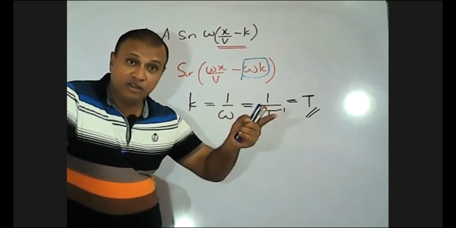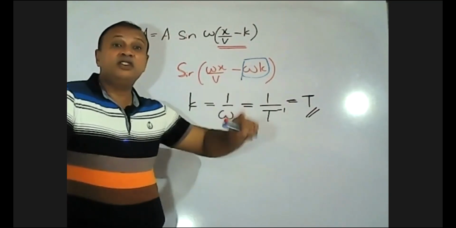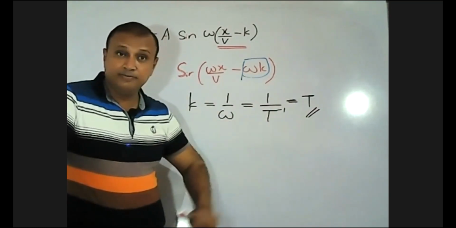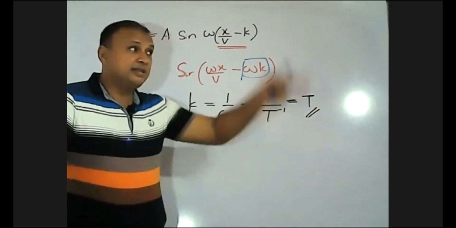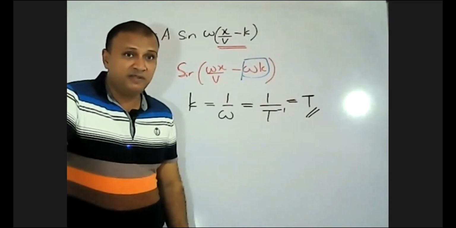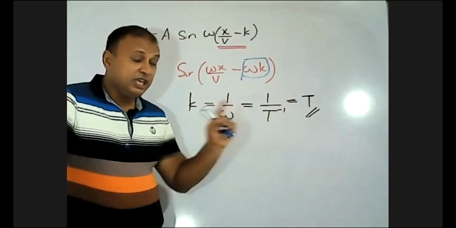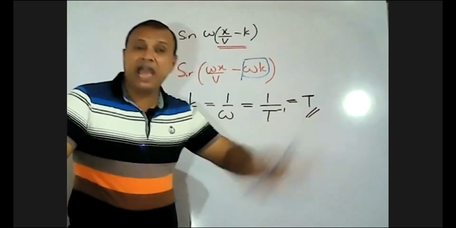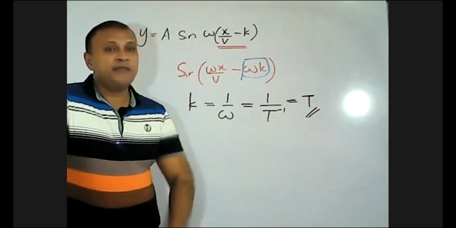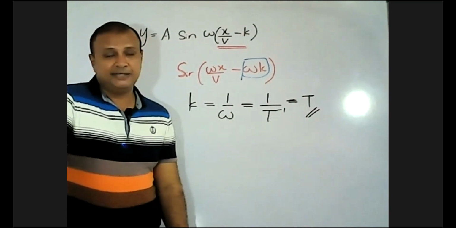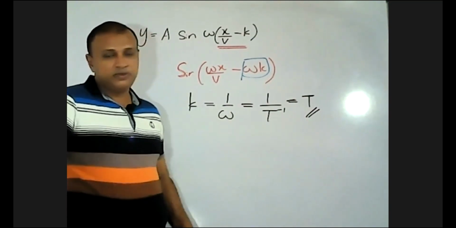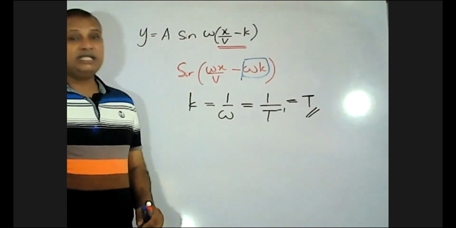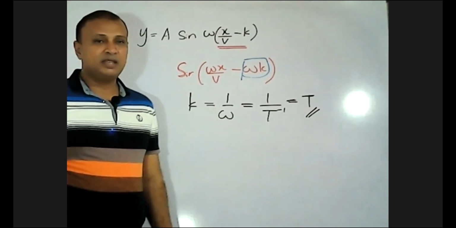If there is an equation, each and every term should have the same dimension. That is the first subcategory. The second subcategory in factor one is we can add or subtract two same physical quantities.